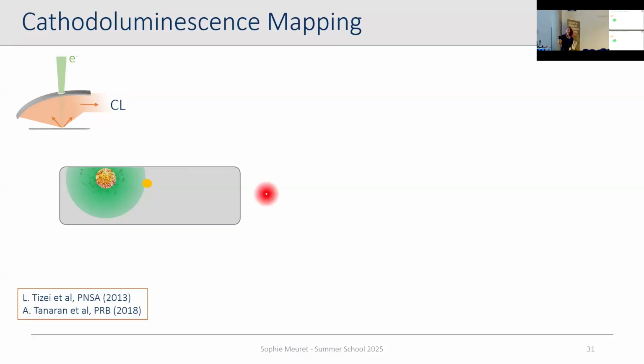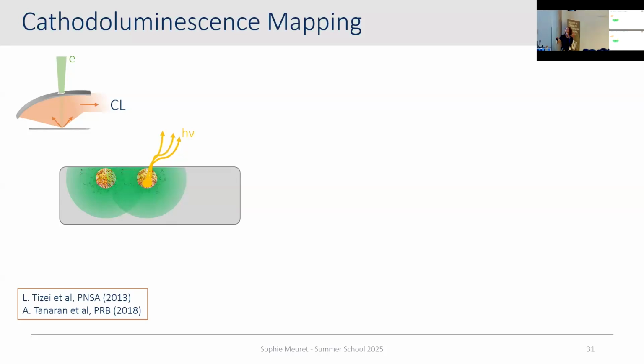We can scan. So you focus your electron at a specific position, and let's say that we have a part of your material that is actually emitting light. Depending on if you're far away here, you're going to have just a fraction of your carriers that are going to reach your color center or your point of emission, right?